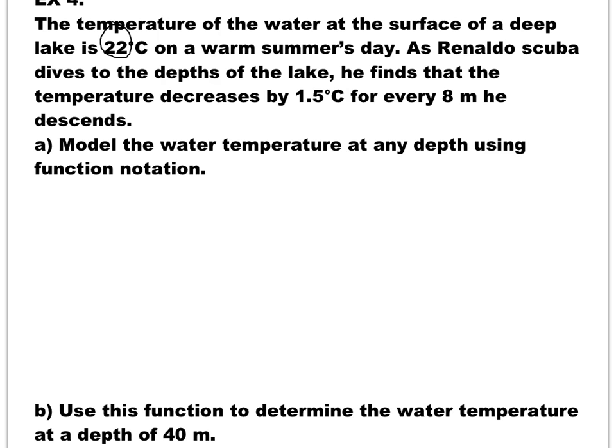The second thing, we know that the temperature decreases linearly with depth of the water. So I can write the function T of d. Remember, since it is a linear relationship, I can write that it is md plus b.